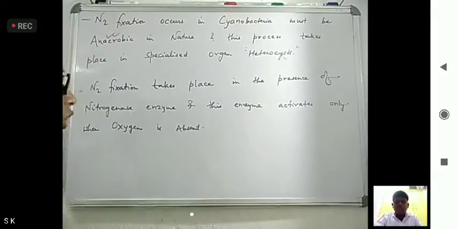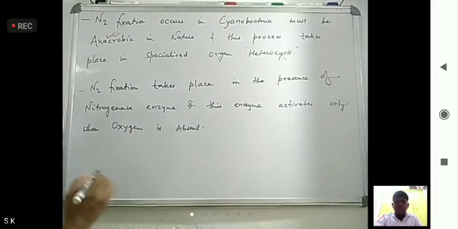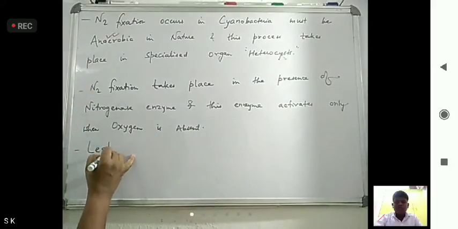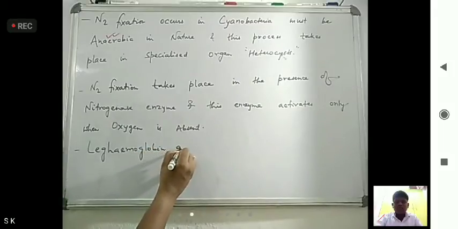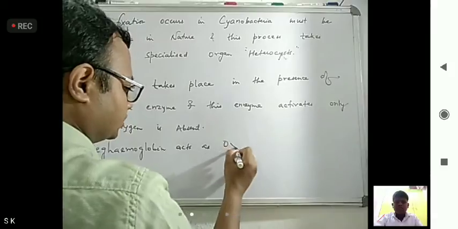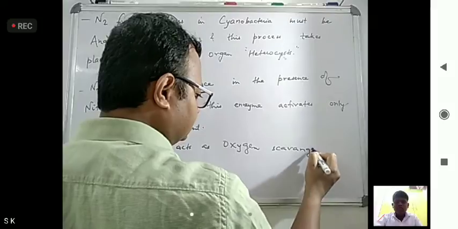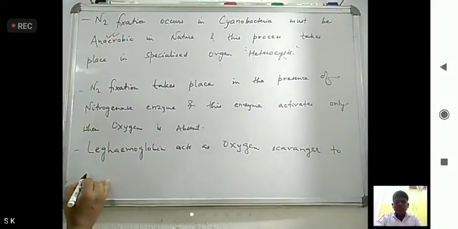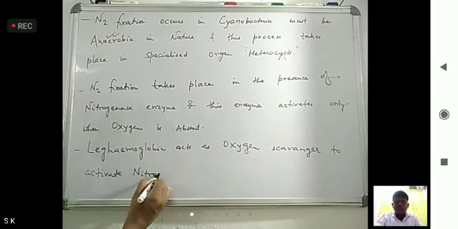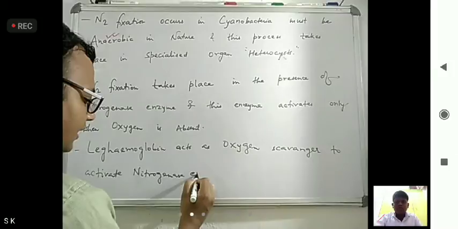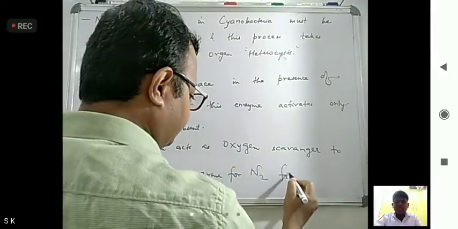So if oxygen is present, nitrogen fixation does not occur, and that will be the problem. That's why leghemoglobin acts as an oxygen scavenger to activate the nitrogenase enzyme for nitrogen fixation.